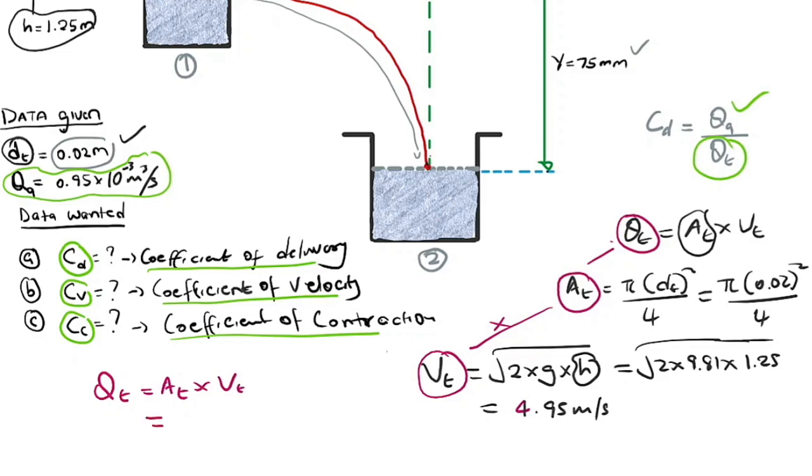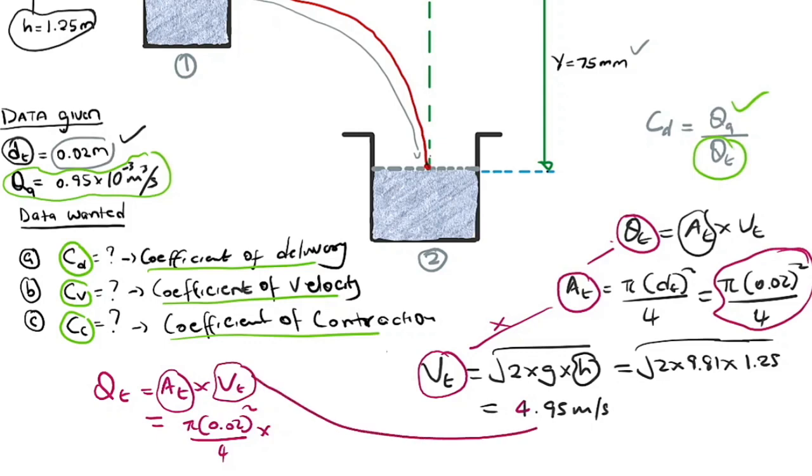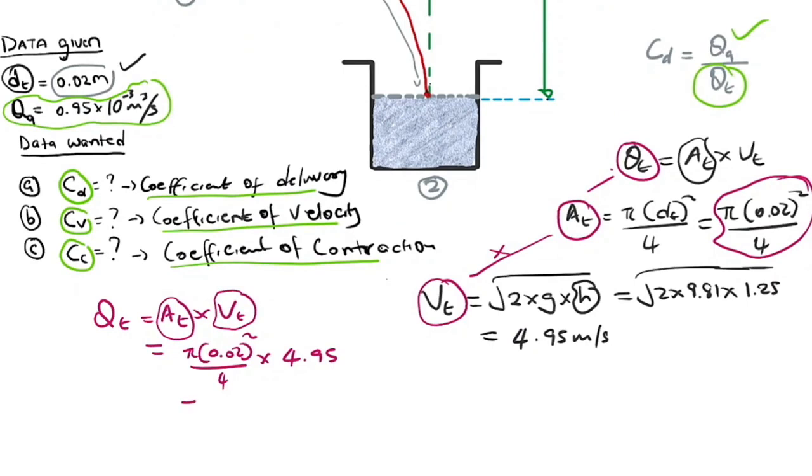Then we substitute our theoretical area, and multiply it with the theoretical velocity we found now, 4.95. When you put this on the calculator, it gives 1.49 times 10 to the exponent negative 3 cubic meters per second.